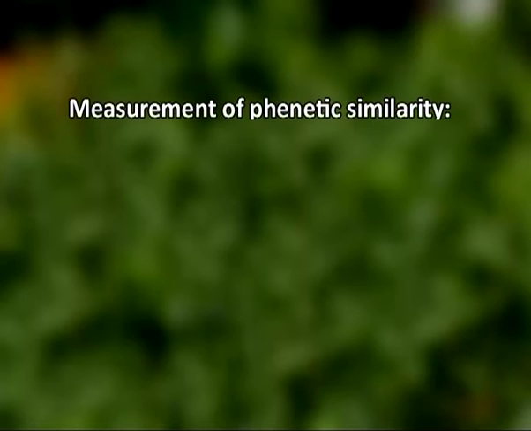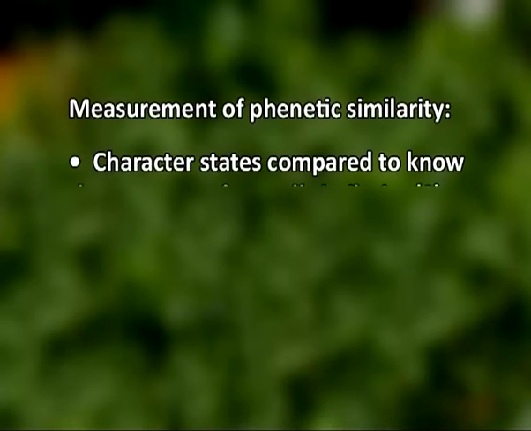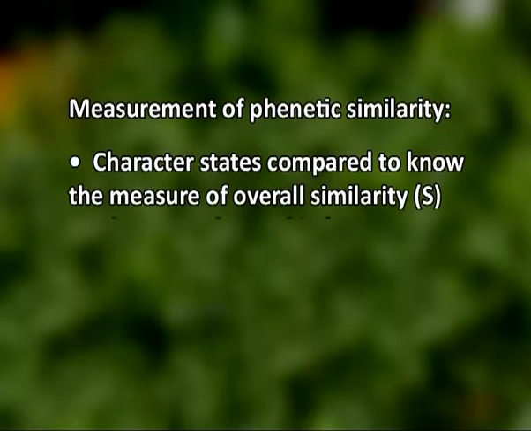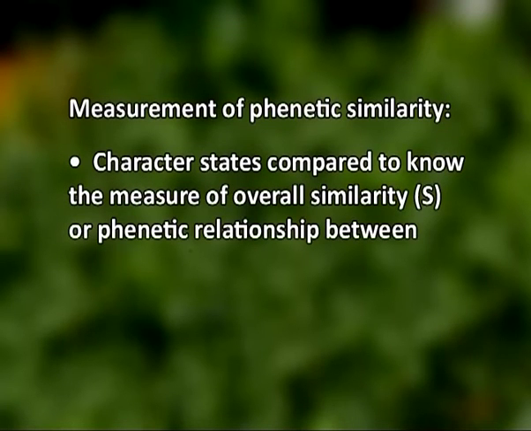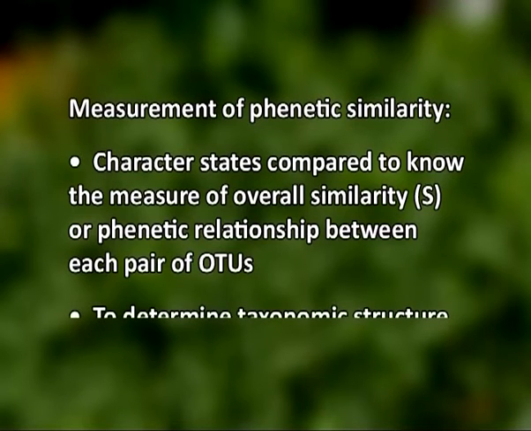Next is the measurement of phonetic similarity. The character states are compared to know the measure of overall similarity, which is designated as S, or a phonetic relationship between each pair of OTUs, and to determine the taxonomic structure, that's the detection of possible groups and subgroups among all the OTUs.